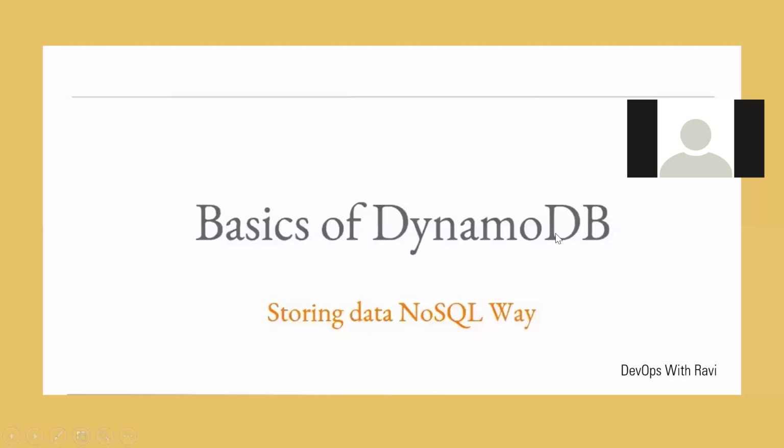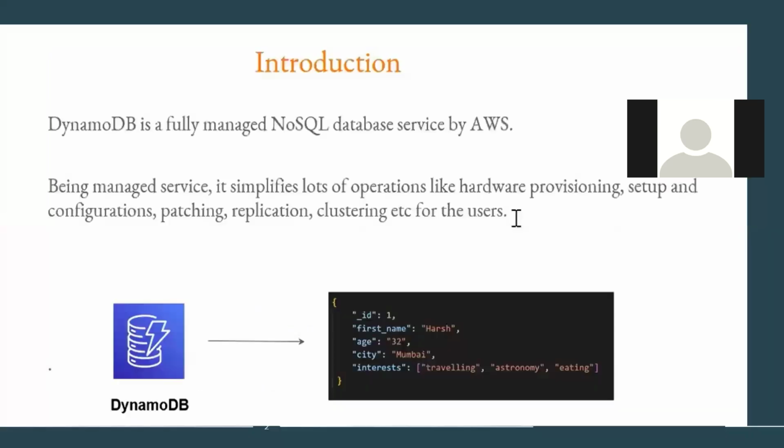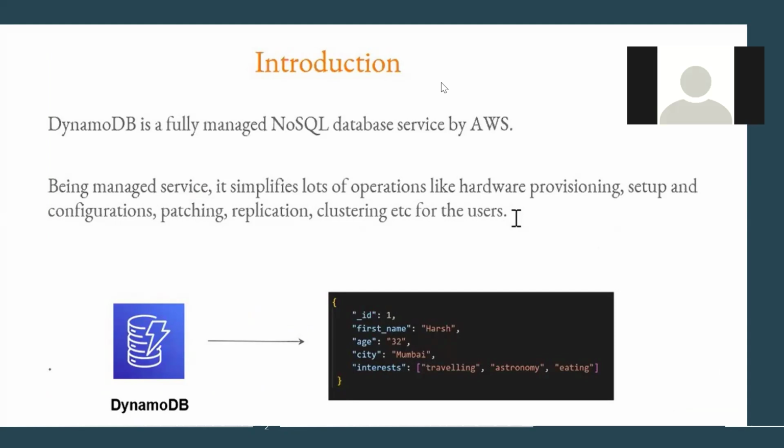Basics of DynamoDB: storing data in a NoSQL way means there is no specific way to store the data. Okay. DynamoDB is a fully managed NoSQL database service by AWS. It is also provided by AWS itself. Everything will be set up by AWS, which means it is also a managed service.